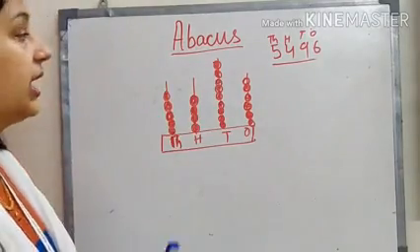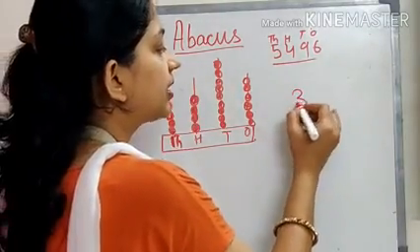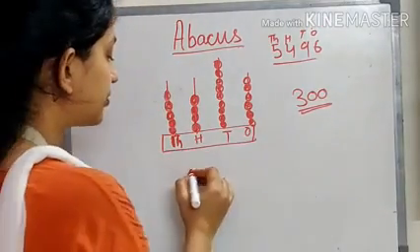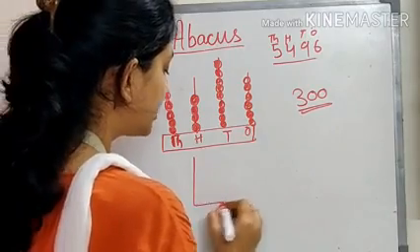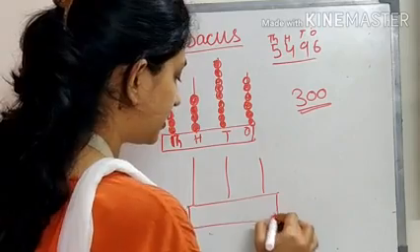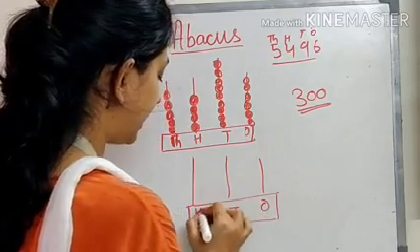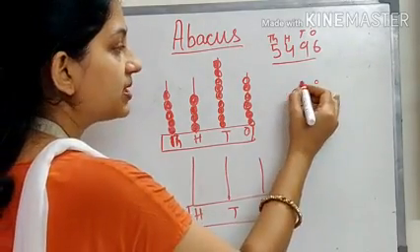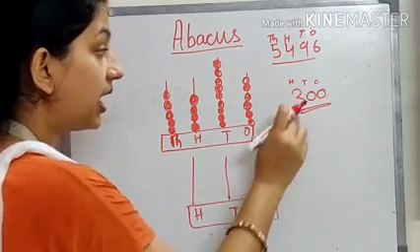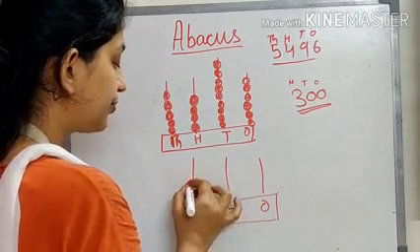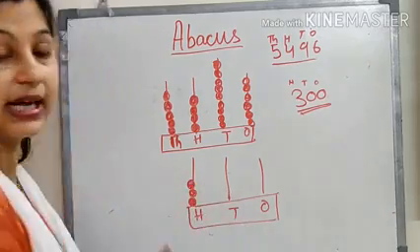It is easy. If I ask you to draw 300, how will you draw it? You will say, ma'am, it is very simple. 300 means 3 positions are there: ones, tens and 100. In the 100 position it is 3: 1, 2, 3. And you will leave the others like this.